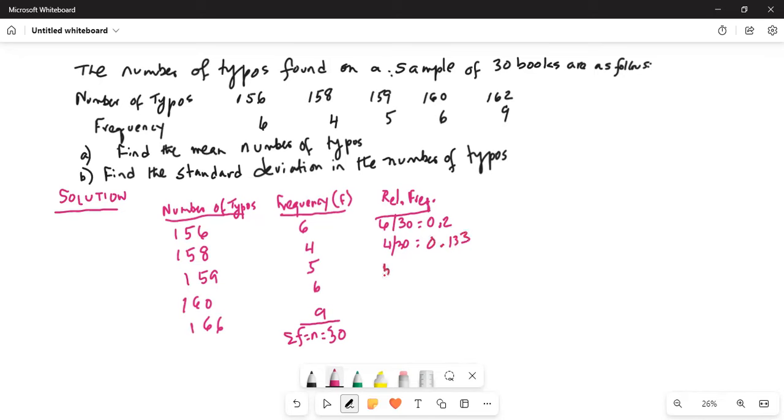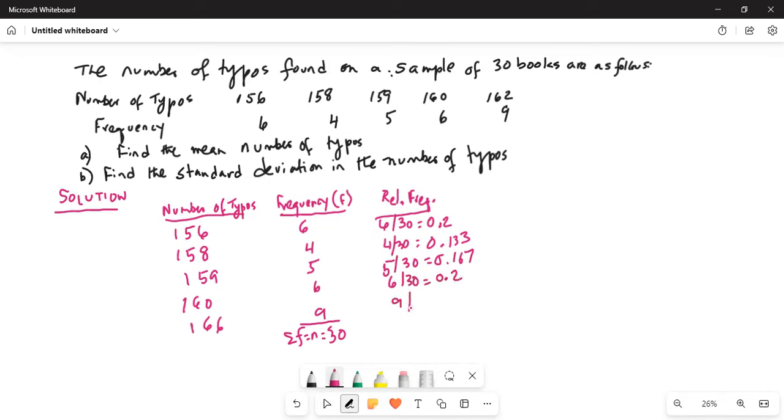And next one is 5 divided by 30, which is 0.167. You get the idea now. It's 6 divided by 30, which is again equal to 0.2.